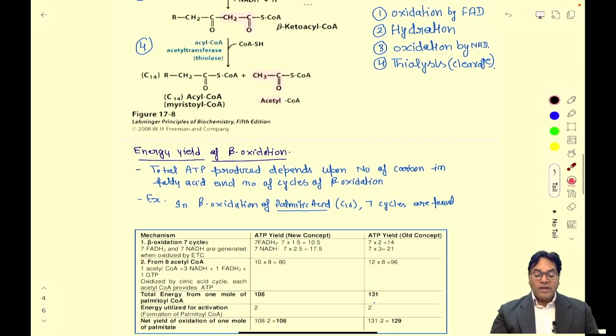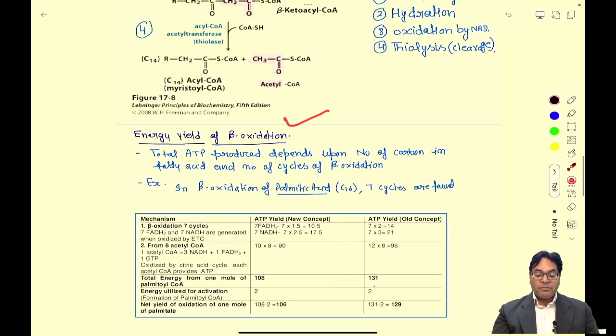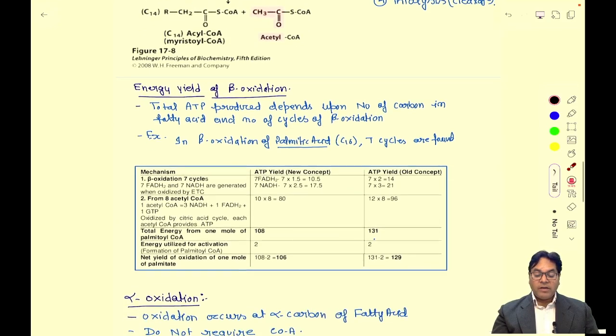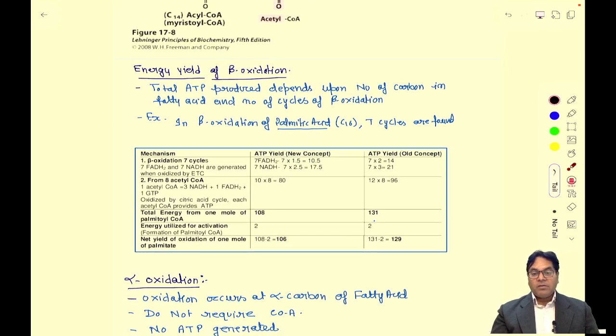So if we talk of the energy yield in beta oxidation, the example which I have taken is for palmitic acid or palmitoyl with carbon 16. The 7 cycles will be there for elimination of all 16 carbons, 2 at one cycle. So 7 FADH2 will be formed, 7 NADH2 will be formed. One FADH2 gives rise to 1.5 ATP, that means 7 will give 10.5. 7 NADH2 will give 7 multiplied by 2.5, that is 17.5.